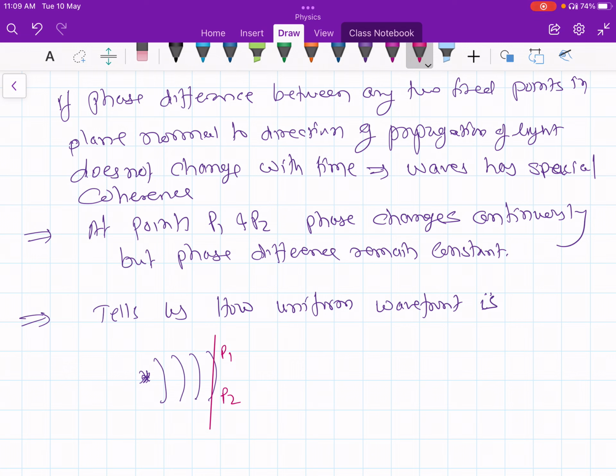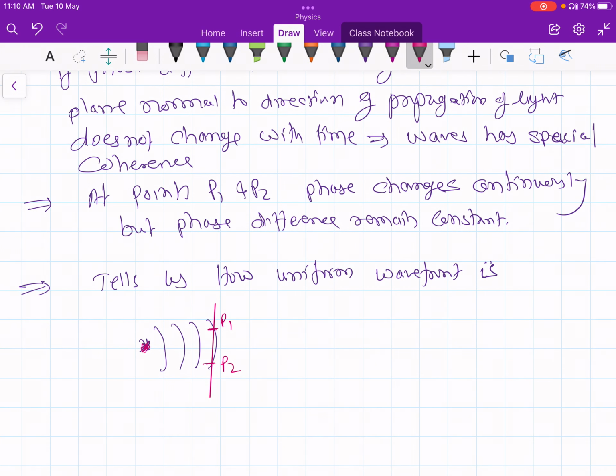If the wavefront is a perfectly spherical wavefront or a plane wavefront, then we can correlate the phase at point P1 and point P2. That is possible if the source is a point source, which gives a perfect spherical or cylindrical wavefront. In that case, you can consider any two points on that wavefront, and there would be a correlation between the phases at points P1 and P2.